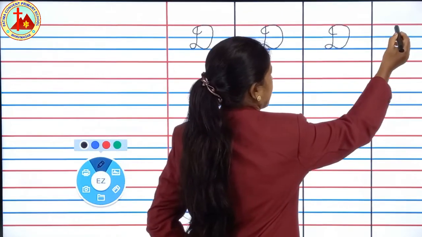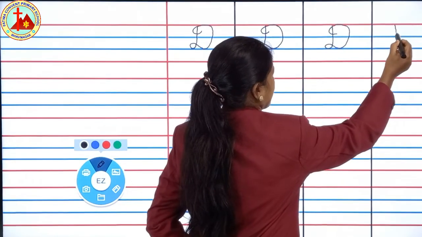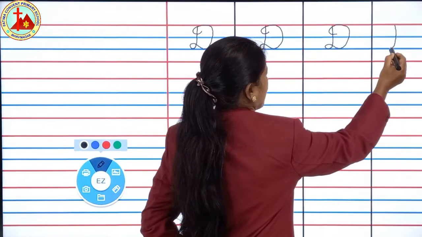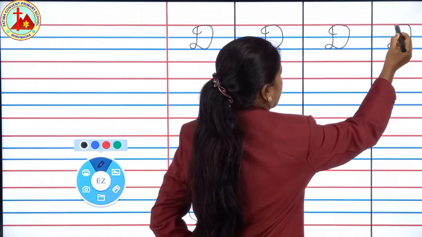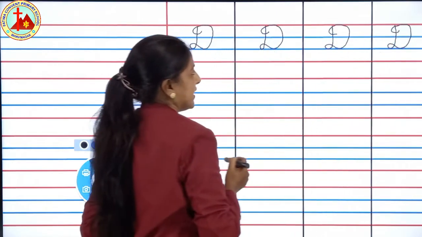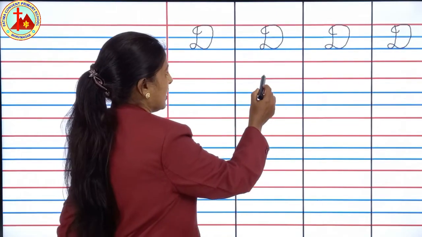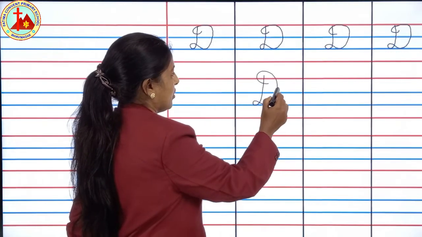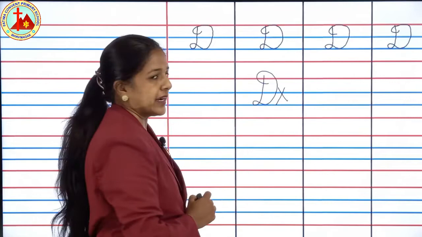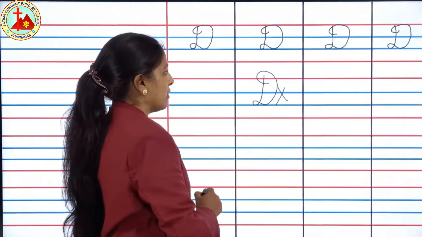Again, starting from the red line, down to the blue line, turn, go up and D. And children, be careful, D should not go out of the red line, this is wrong.